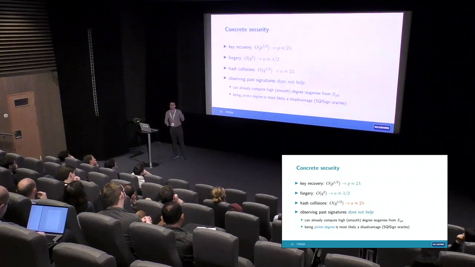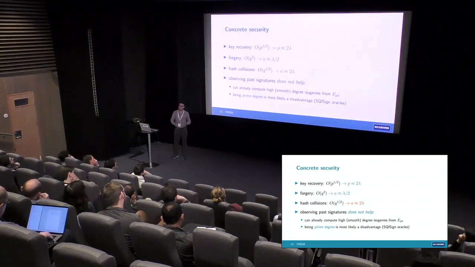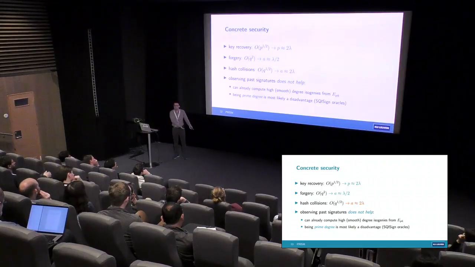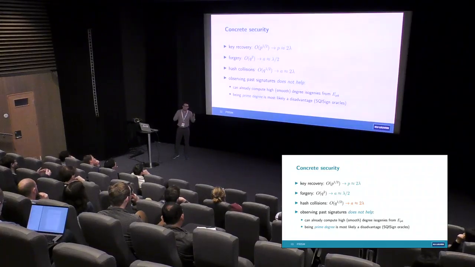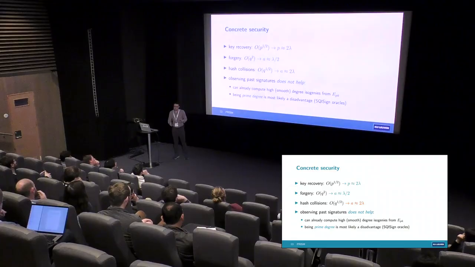But, there is a but: if we take our prime, so our hash, to be lambda over 2, then we have hash collisions in lambda over 4, which is not something we're okay with. So we're forced to take a to be 2 lambda. And this is purely because of the hash function, which is both a nice and a bad thing about this scheme.